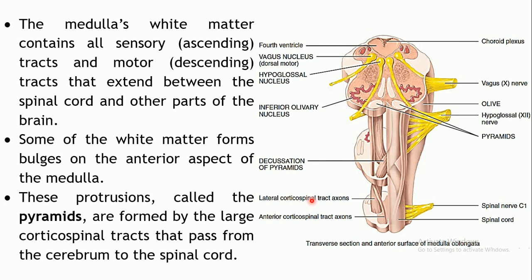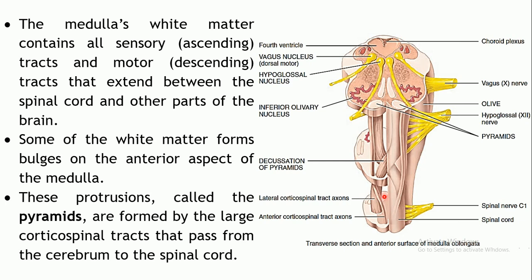Corticospinal means it is carrying information from the cerebral cortex towards the spinal cord, and this particular tract is present in the lateral white column. That's why it is known as the lateral corticospinal tract, whereas this one is known as the anterior corticospinal tract because it is present in the anterior white column of the spinal cord.